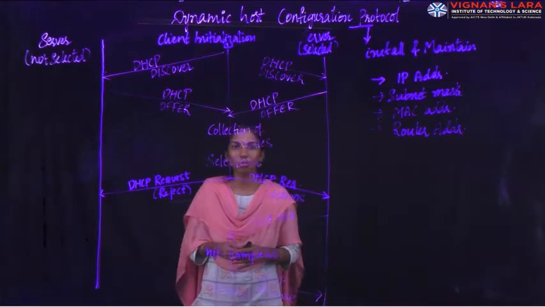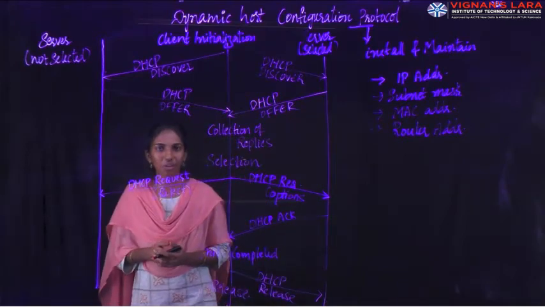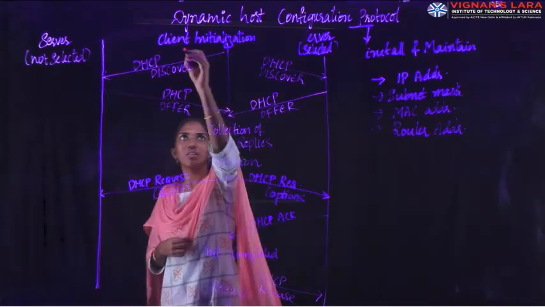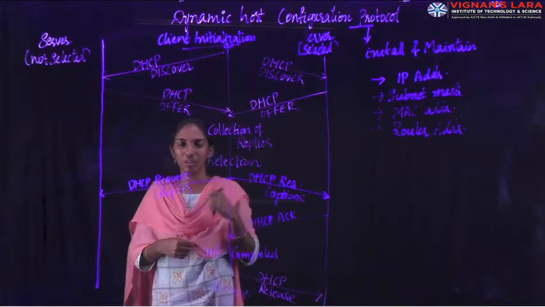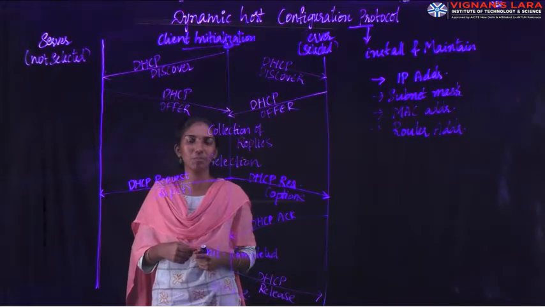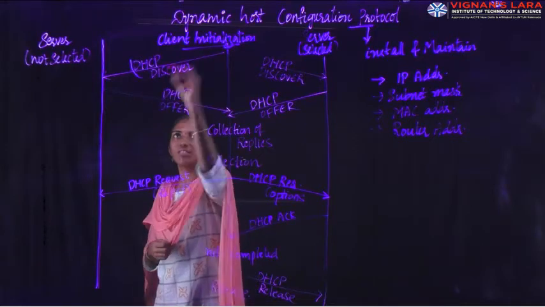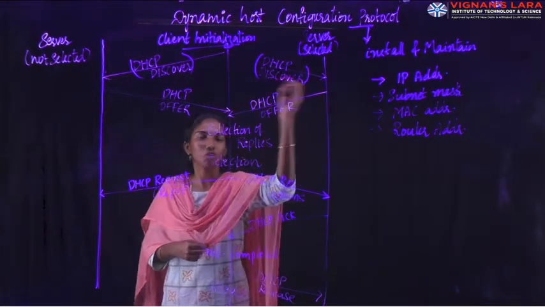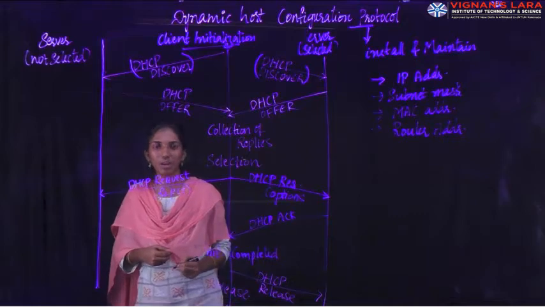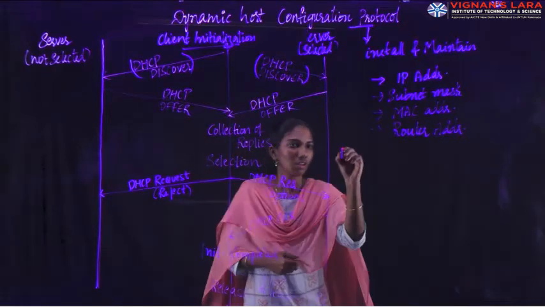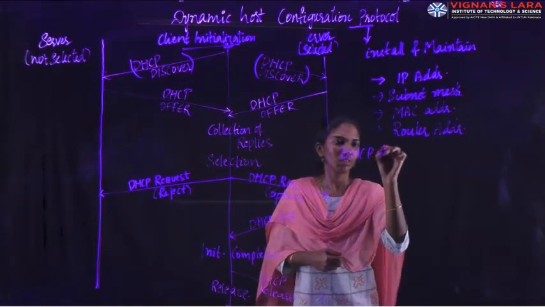So initially, what happens when a client gets added into the network? Whenever a client gets added into the network by using the LAN cable, it is going to send a DHCP discover command to whatever servers are available.